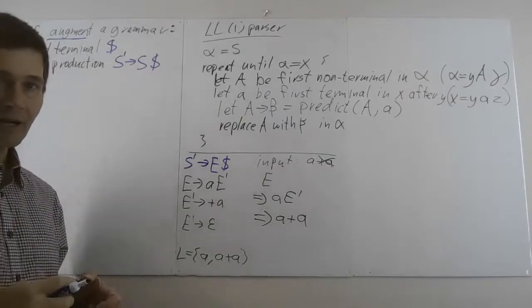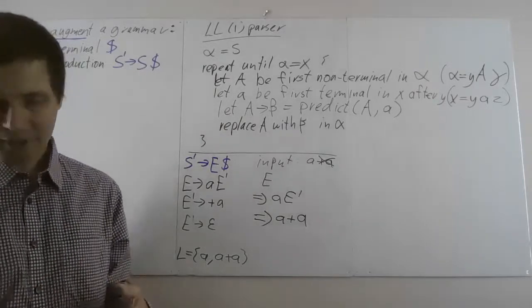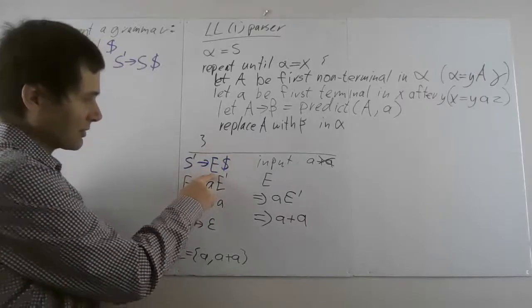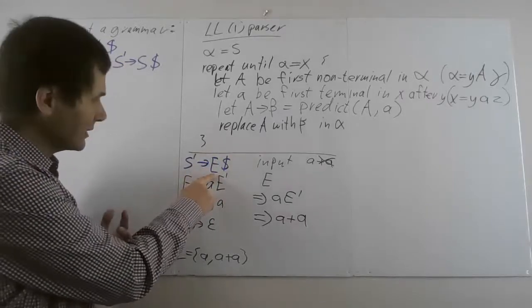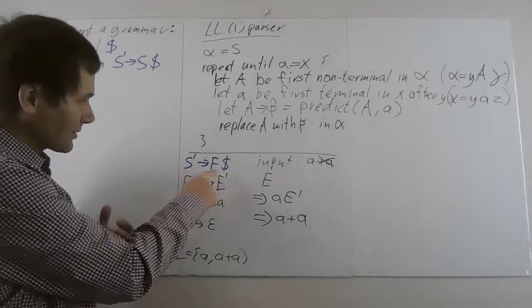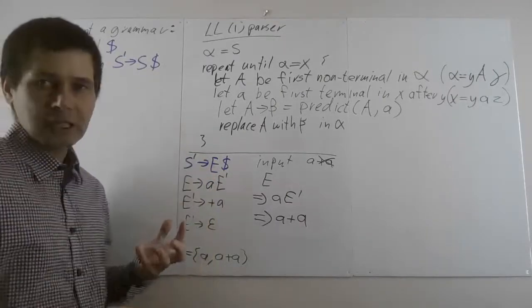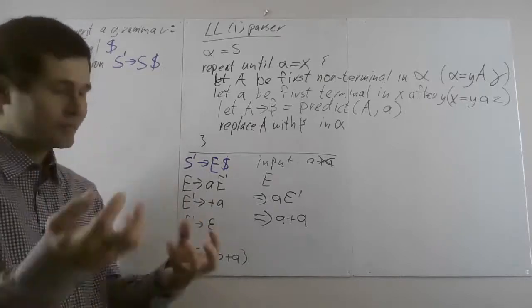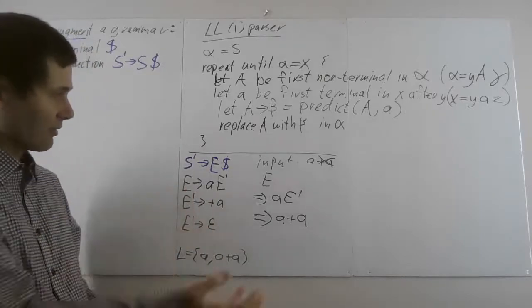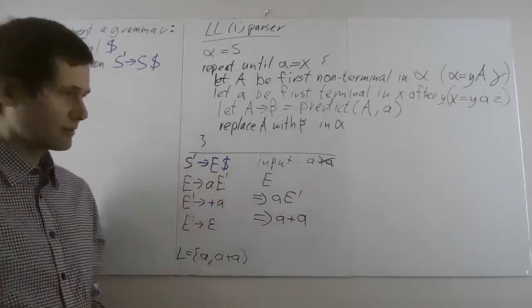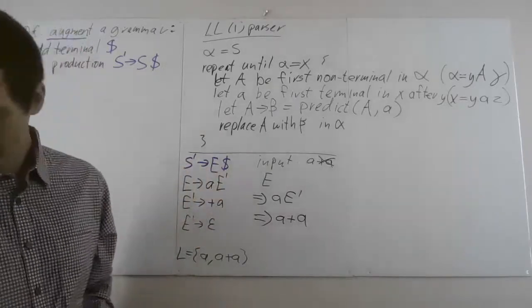So what have I done? My start symbol used to be E, but now it's S prime, and this new grammar accepts all of the same strings that the old grammar did, except that for each such string there has to be a $ sign appended to it.